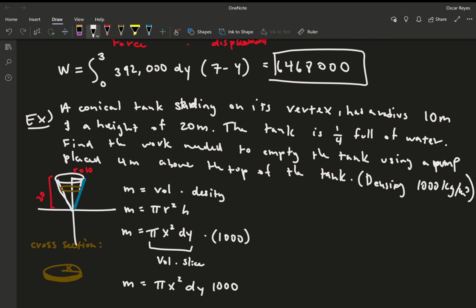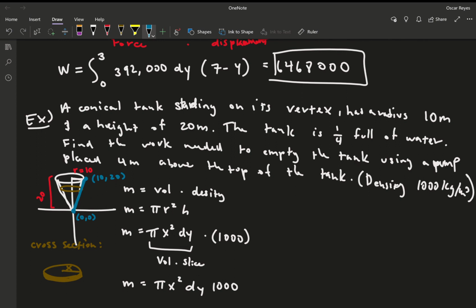All we really need to find the equation of a line is the point-slope formula. The issue is that we need at least 2 points to find the slope. So we know this point here is 0, 0. And this top part has a radius of 10, so our x value is going to be 10. And we know it's as high as 20 meters. So that point there is 10, 20.